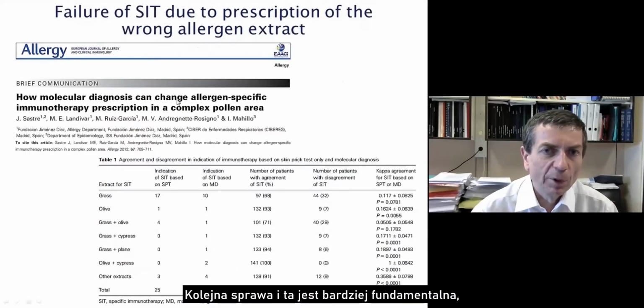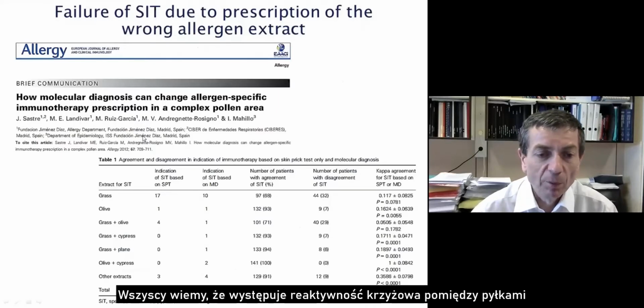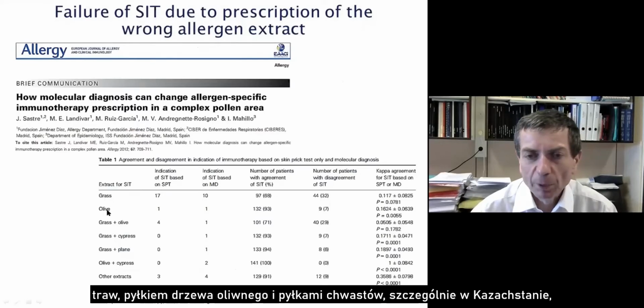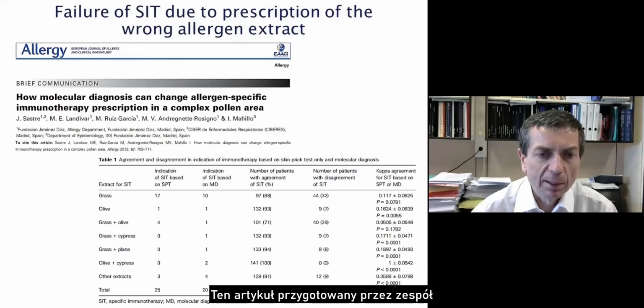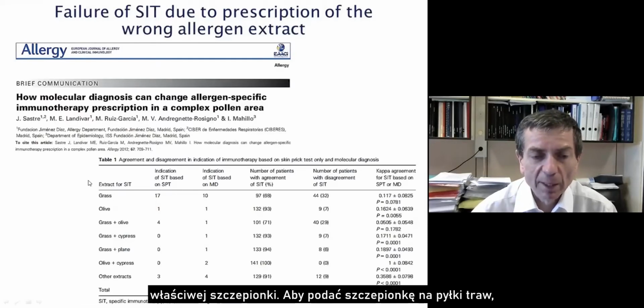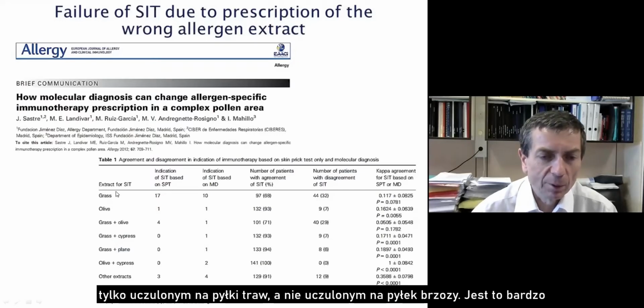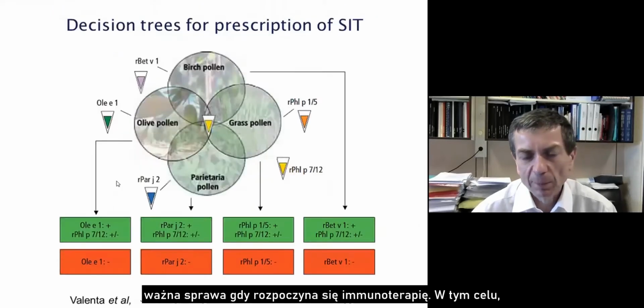The other thing, and this is more fundamental, is the correct prescription of the allergen extract. You know, we have cross-reactivities between grasses, olive pollen, also wheat pollen, especially in Kazakhstan, but also in other countries, where all these wheats flower. And this paper by the group of Joaquin Sastre shows that molecular diagnosis to select the patients, to give the right vaccine, to give the grass pollen vaccine only to the grass pollen sensitized and not to the birch pollen sensitized, is a very important thing when you start the immunotherapy.